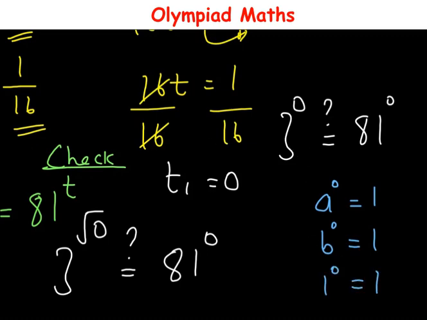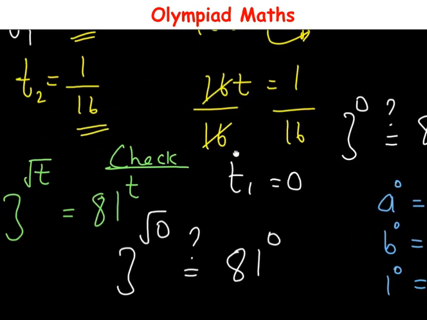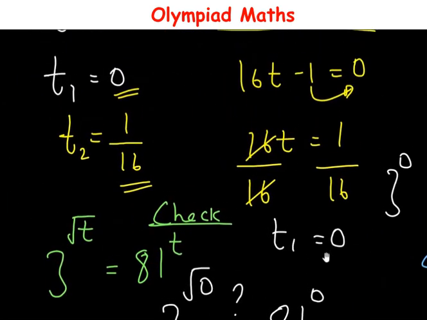So therefore, what we have for the value of 3 raised to power 0, the answer is 1, which equals, same thing here, 81 raised to power 0 is also 1. Now, since they are equal to each other, this means that the solution of t1 that we got as 0 is the correct solution for this given question.